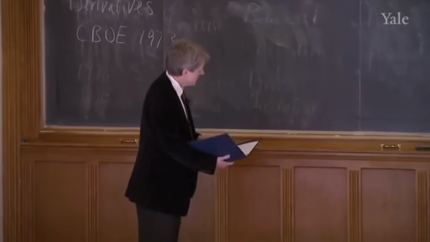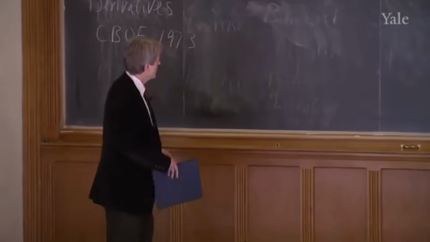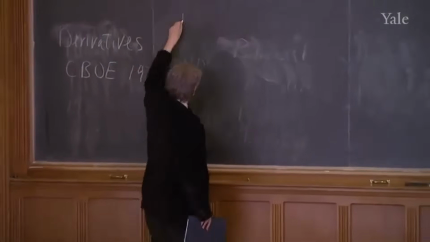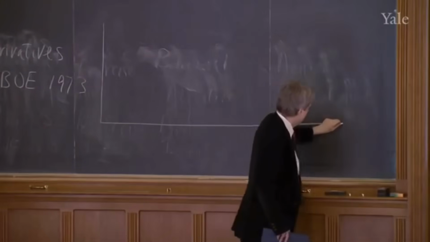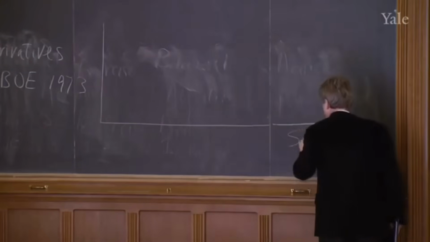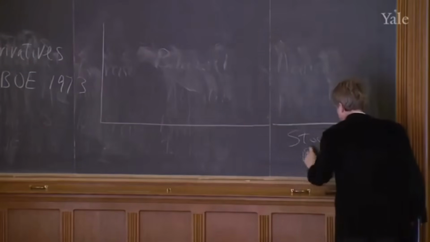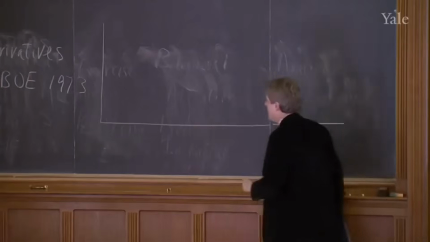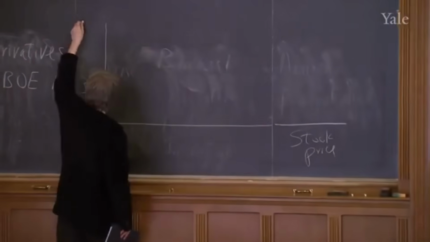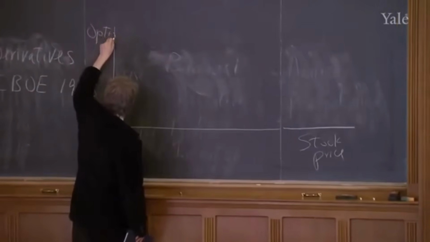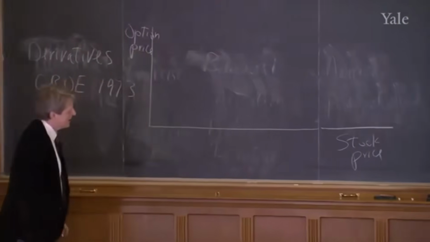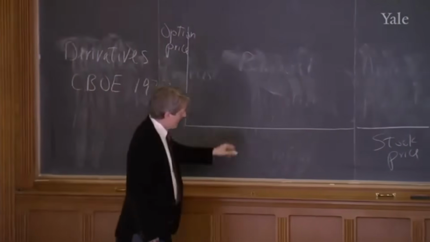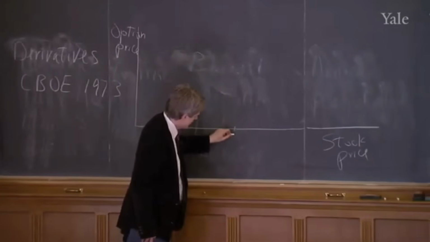Okay, so let me draw a simple picture of option pricing. So this is the stock price, and this is the option price. And I'm going to mark here the exercise price.